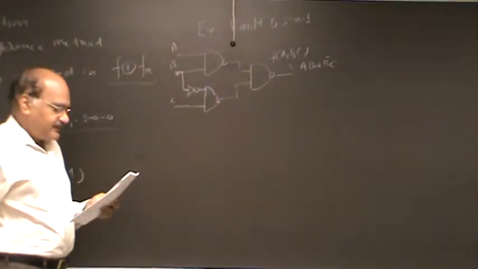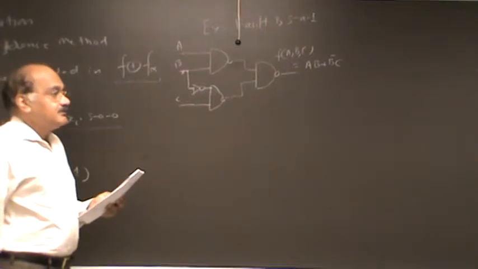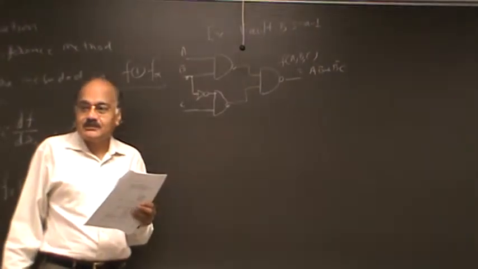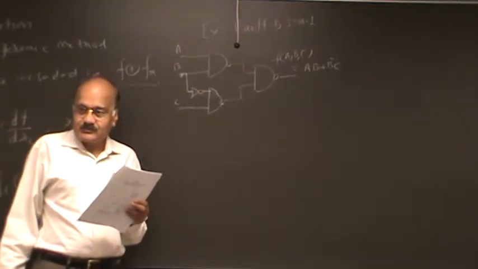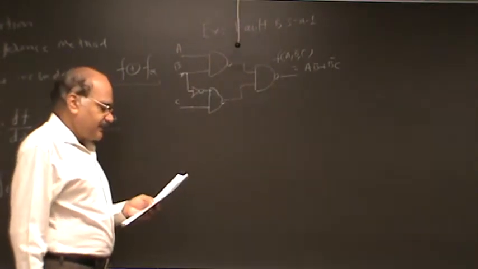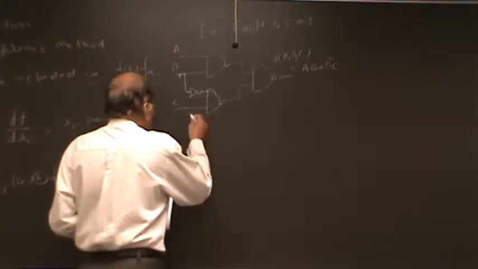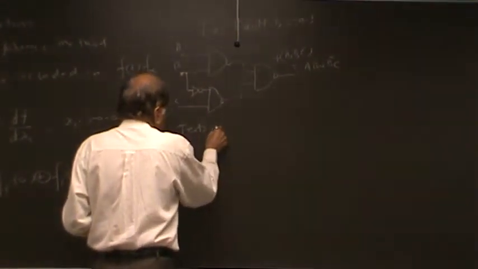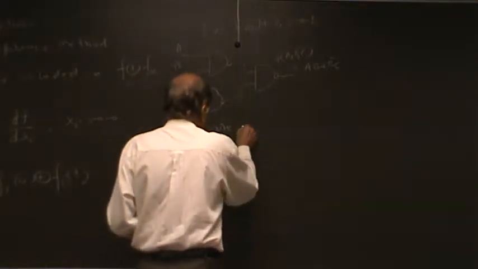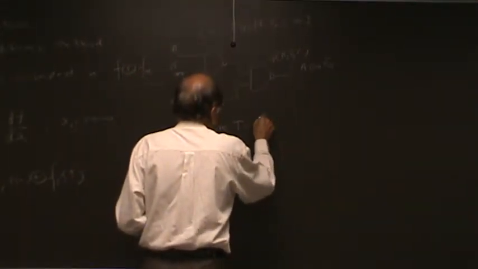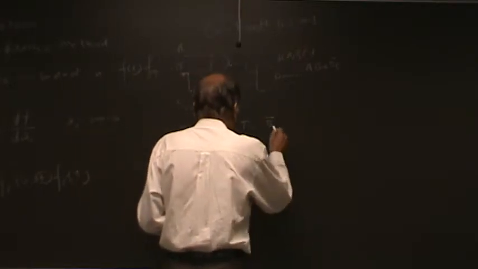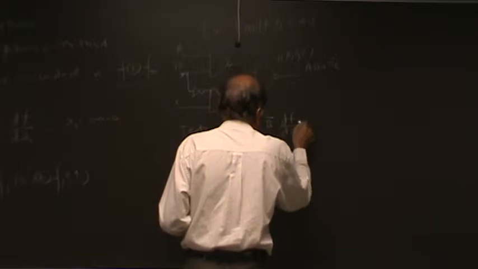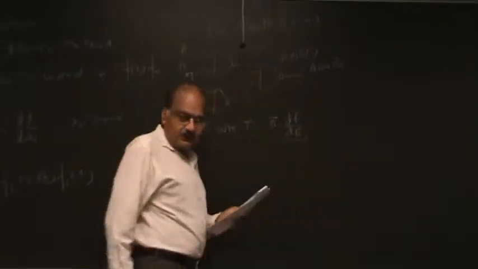So we have to find a test, or rather more accurately, since we are using Boolean difference, we need to find tests for this line stuck at 1. So according to the theorem, the tests are T, and that is equal to complement of B multiplied by dF by dB. And where we need to figure this out, right?